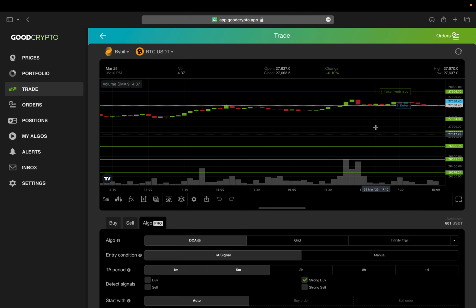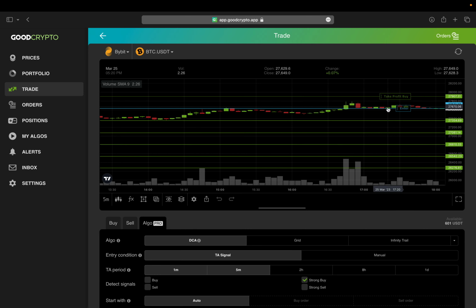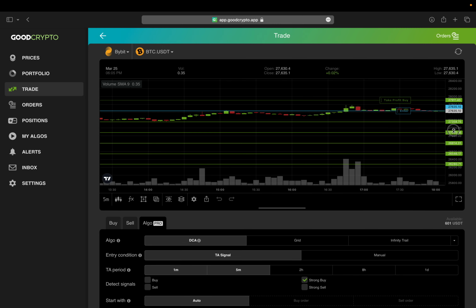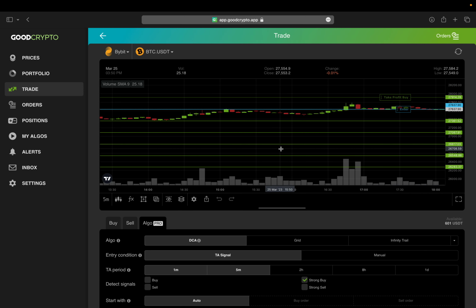You choose the number of orders, you choose their size and the distance between them, and it has take profit, which automatically adjusts as all these orders execute. It automatically adjusts its size and it moves down to keep it at the same distance from the average position price. And if you set a stop loss, it will do pretty much the same. It will also automatically adjust as more orders execute. So this, in a nutshell, is the DCA bot.